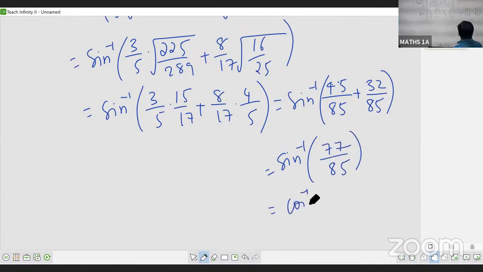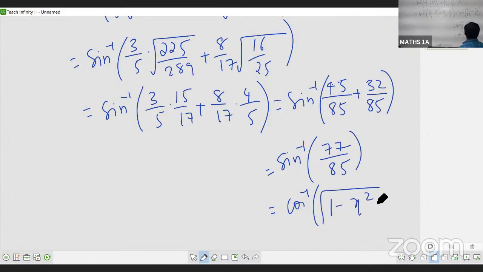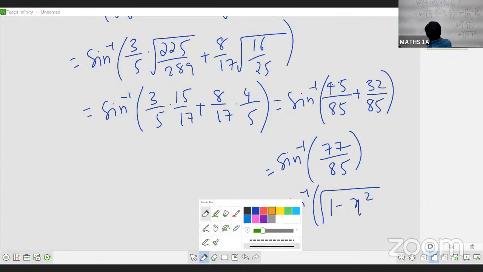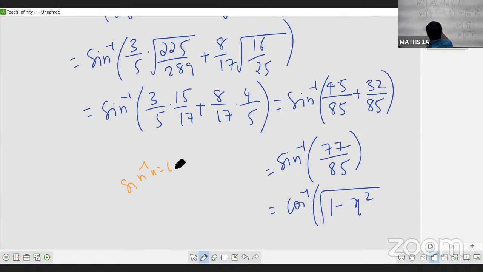Now in terms of cos inverse, I can write it as cos inverse of under root 1 minus x square. Write the formula first. Sine inverse x is cos inverse of under root 1 minus x square.